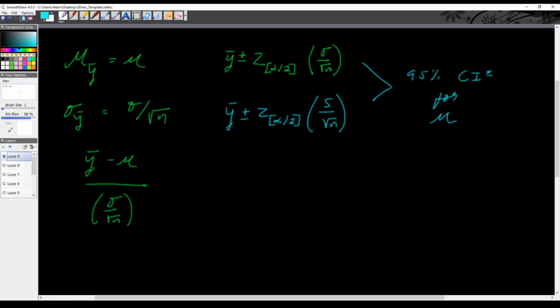So in summary, when we do not know the population standard deviation, we should use this confidence interval if, and this is the big one, if and only if n is greater than 30. So if we have a large sample, we can use that formula to solve for the confidence interval.